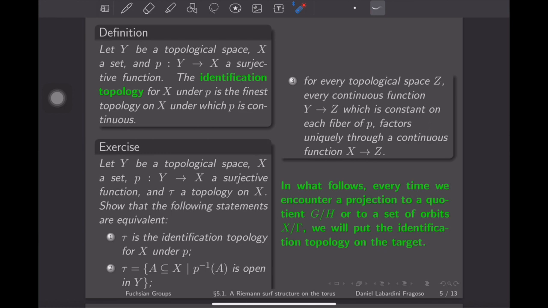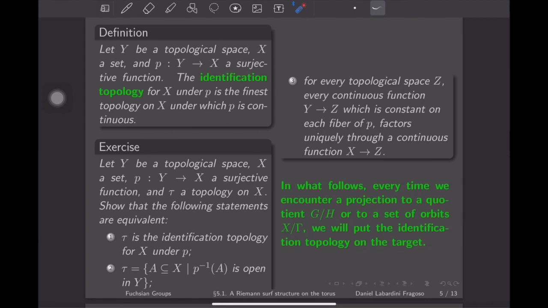Well, one imposes a topology on X under which p is continuous, of course. But there is an obvious answer, which is, okay, just take X and the empty set to be the only open sets, and of course that makes p continuous, but that's useless.